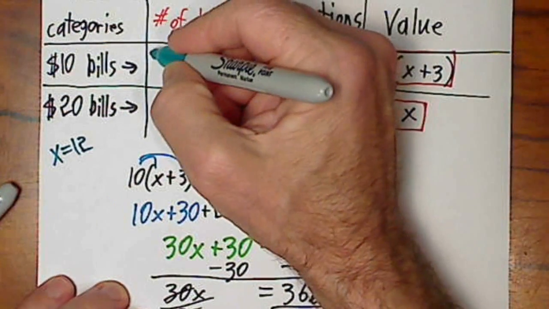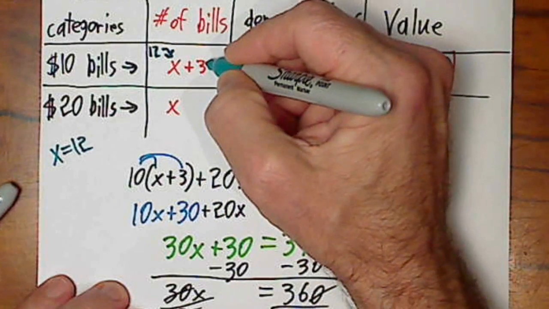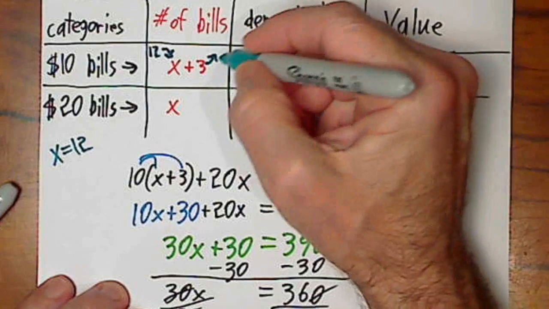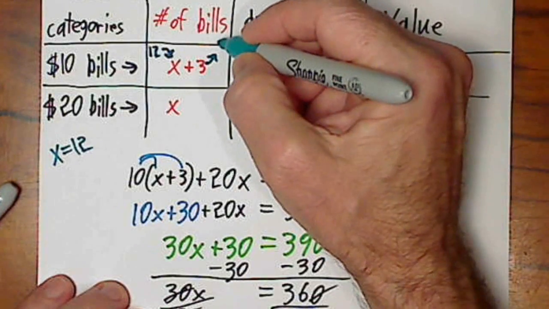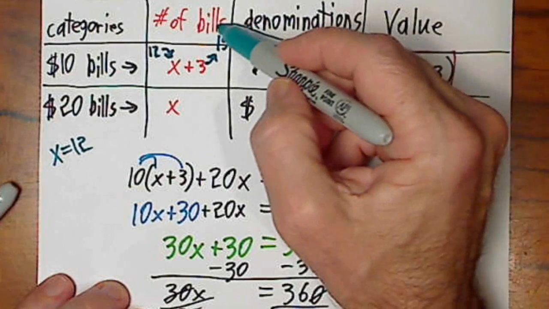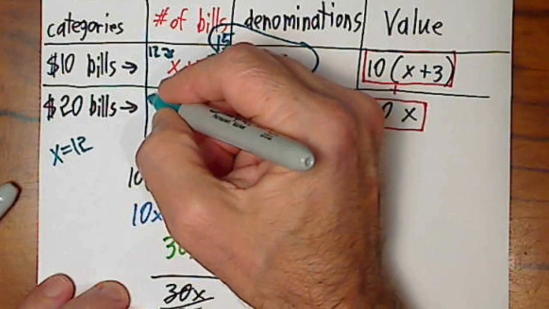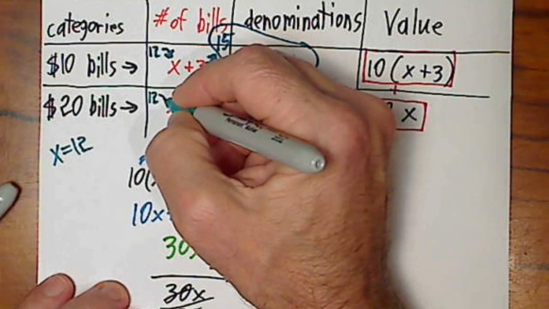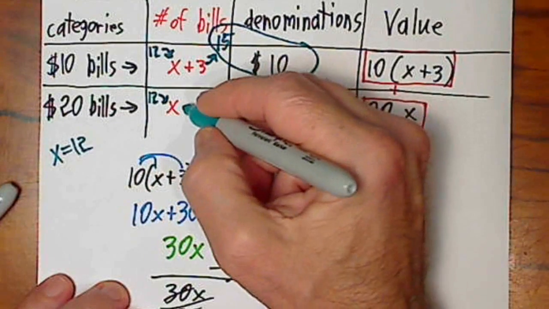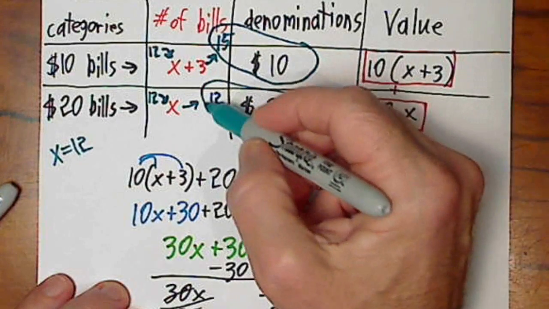And then I need to plug in a 12 wherever there's an x, and out comes a 15. So I have 15 $10 bills. Plug in a 12, and big surprise, out comes 12. I have 12 $20 bills.